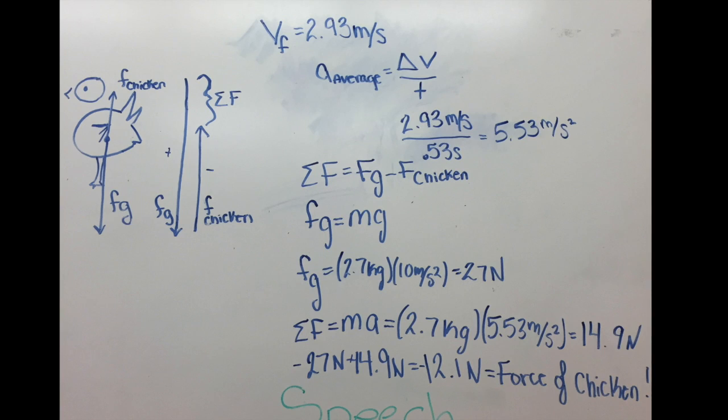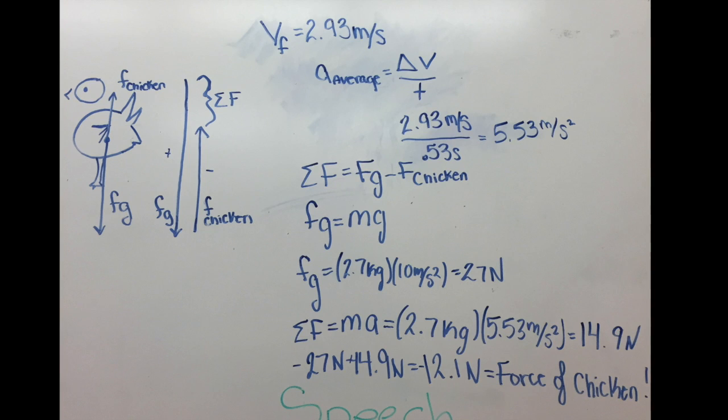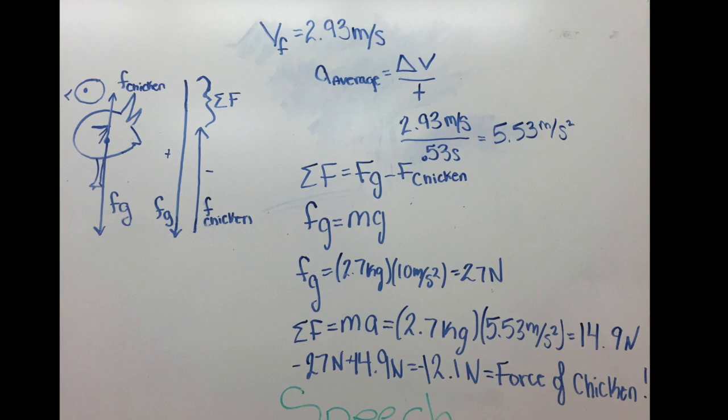We then plug that into the sum of the forces equals ma diagram on the right. We establish that the force of gravity minus the force of the chicken is equal to ma. And then after plugging in all of our numbers, we come to the conclusion that the force of the chicken is negative 12.1 newtons.